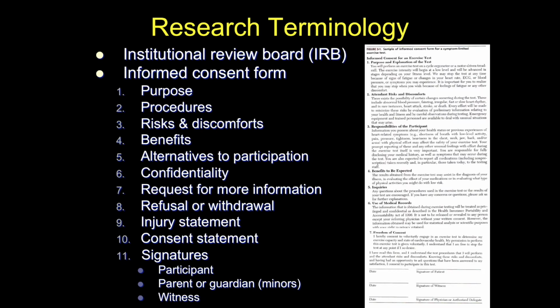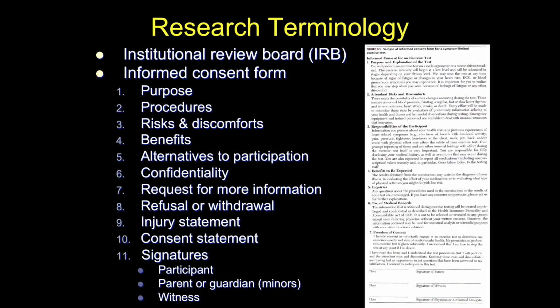And so that's a really important part of the process. And when you're looking at the research articles, you should always see that statement in there somewhere that that particular study was approved by the Institutional Review Board.